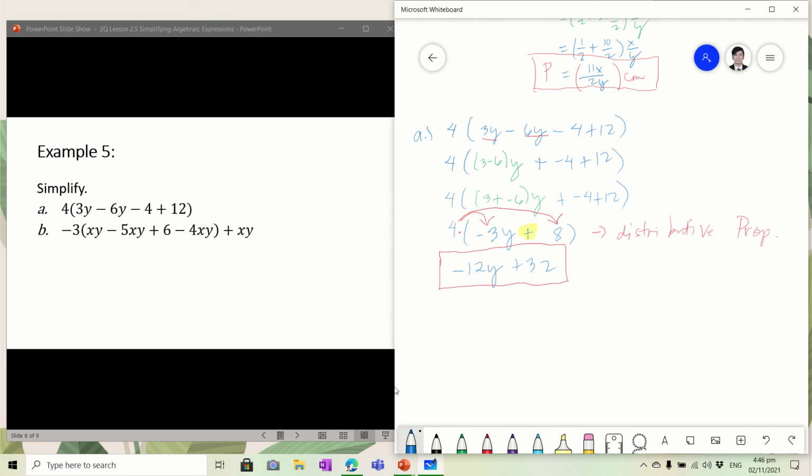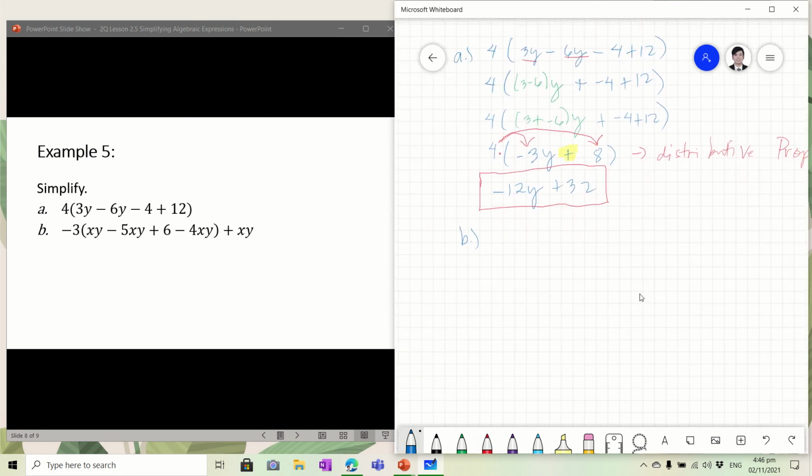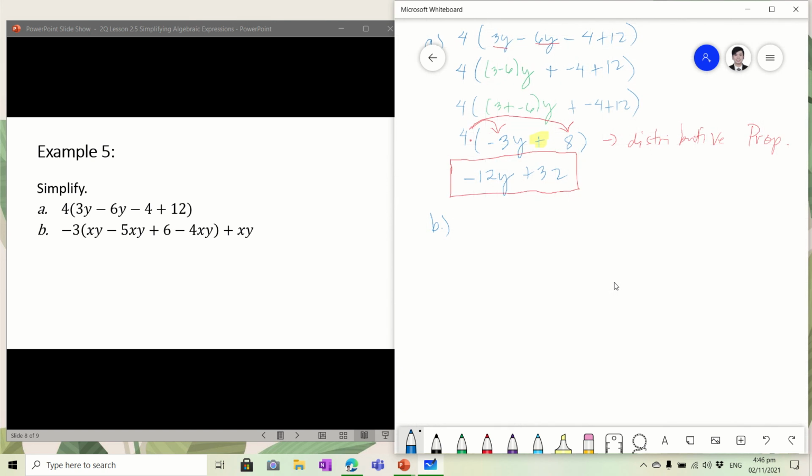So let's have B now. We have here negative 3 times the quantity of xy minus 5xy plus 6 minus 4xy plus xy.